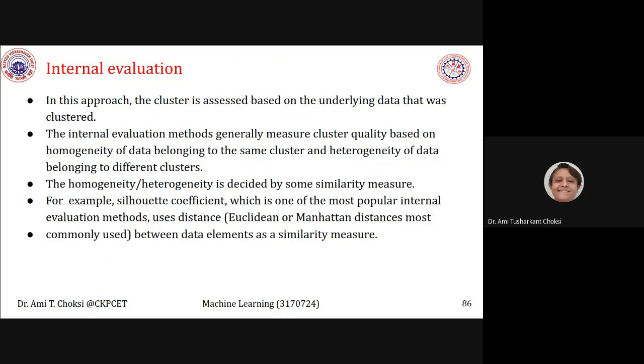The cluster is assessed based on the underlying data that was clustered. So how can we do that? The internal evaluation methods generally measure cluster quality based on homogeneity of the data belonging to the same cluster and heterogeneity of the data belonging to different clusters.